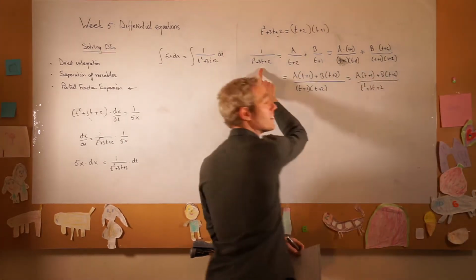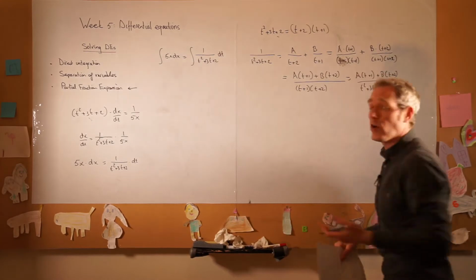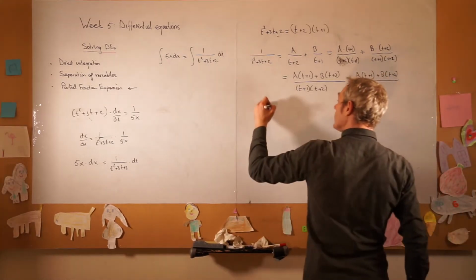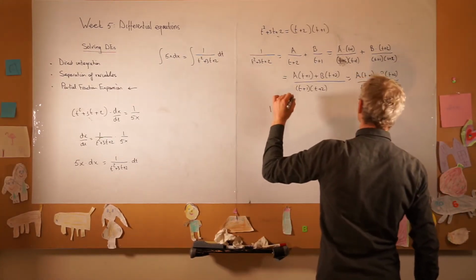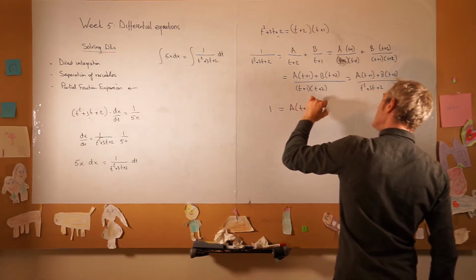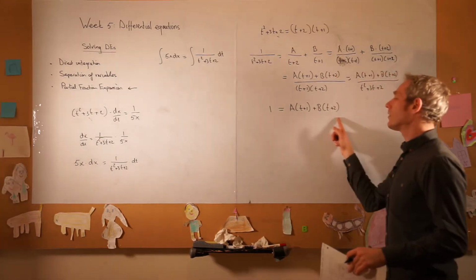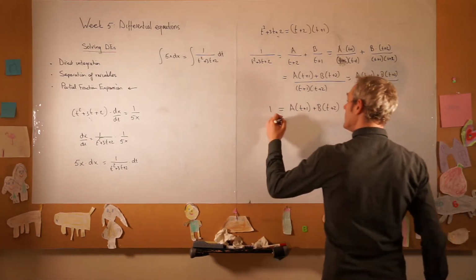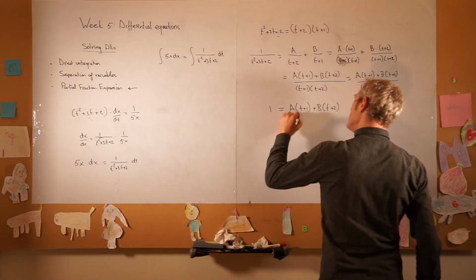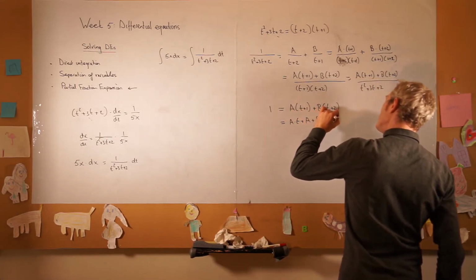If this fraction is equal to this fraction, I know that because the denominators are already equal, 1 must be equal to a times t plus 1 plus b times t plus 2. Let's write out this right-hand side. This is equal to a times t plus a plus b times t plus 2b.